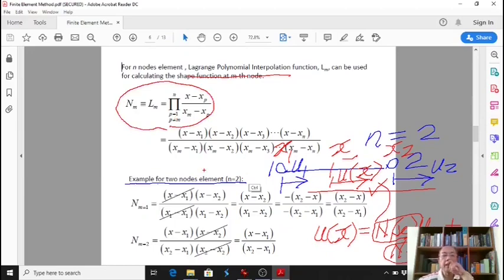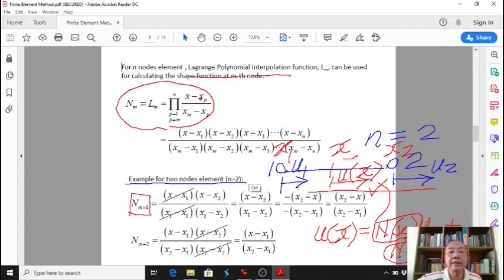So N1, where m equals 1; refer back to this.